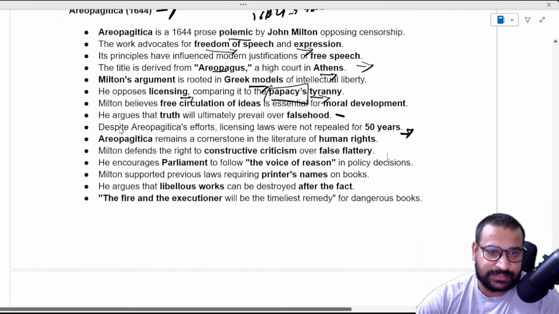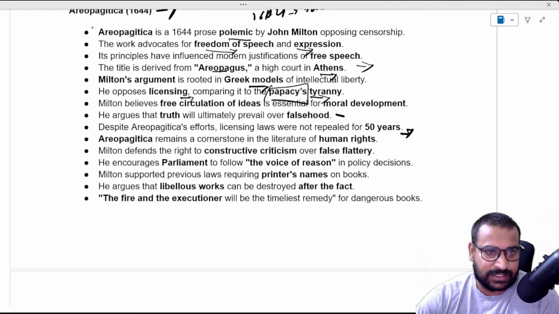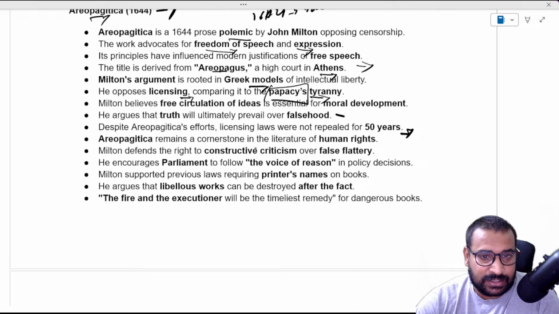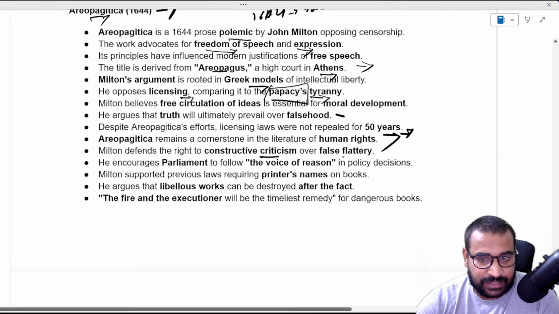All of these things we have to know, but these days they are asking who has written Areopagitica, right, and what it is about. So this remains a cornerstone in the literature of human rights. And again, constructive criticism is there, false flattery is there, and he encourages Parliament to follow the voice of reason.